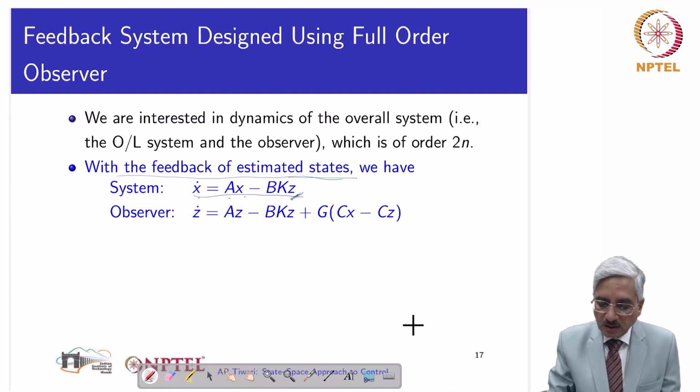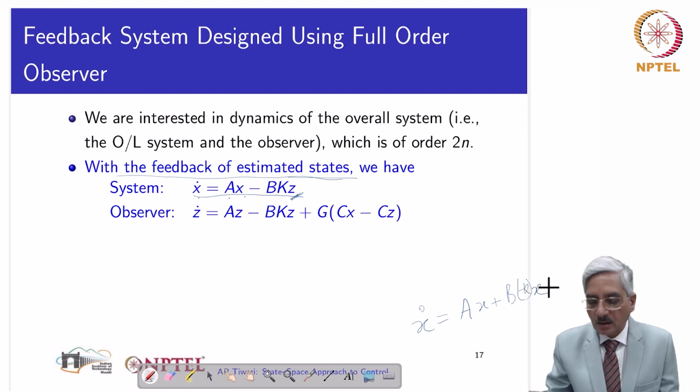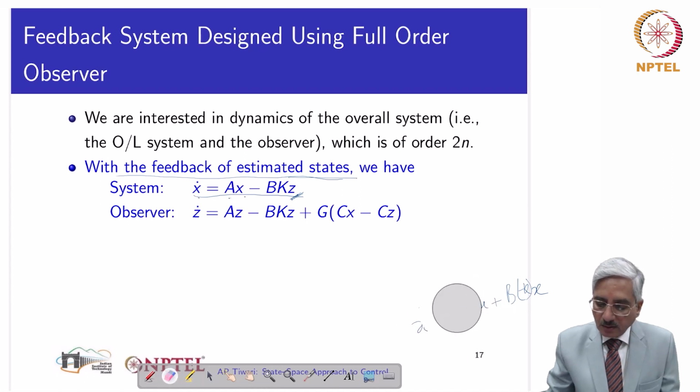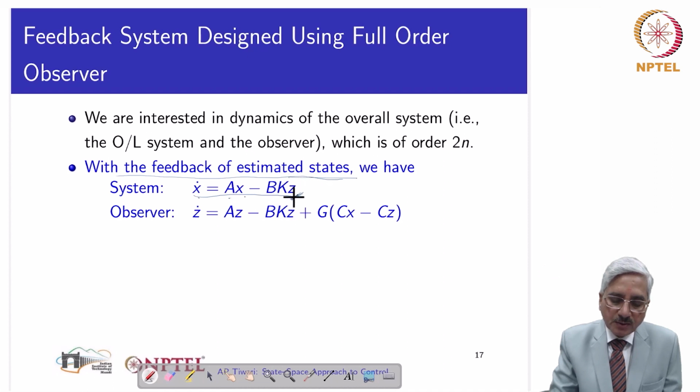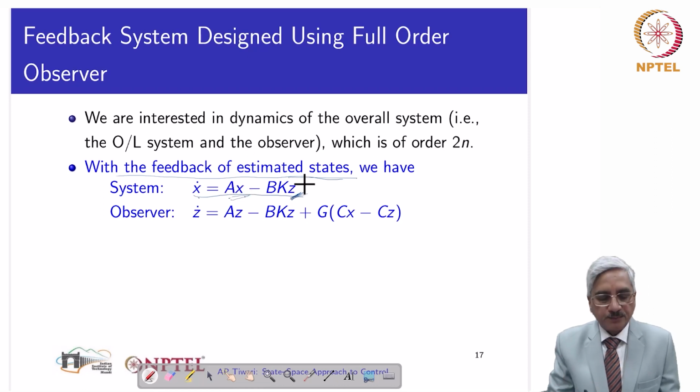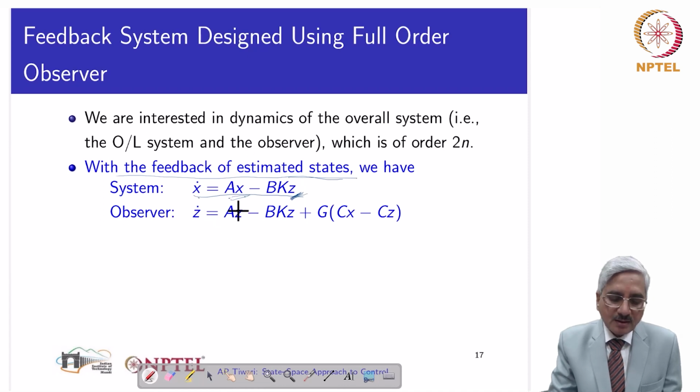That closed loop system with the state feedback was x dot equal to Ax plus Bu, and that becomes B into minus Kx. This is something which was supposed to be, but in place of x, we are using z. So we have x dot equal to Ax minus BKz, and the observer is z dot is Az minus BKz plus G(Cx minus Cz).